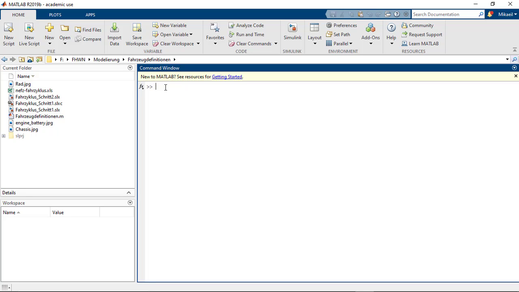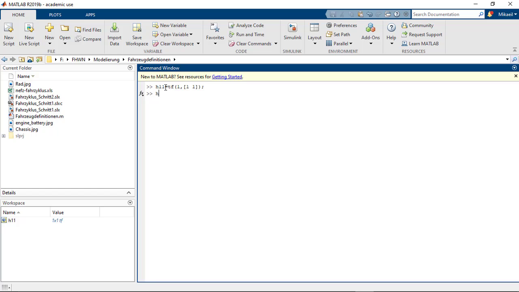In MIMO systems, we have to define each transfer function separately. Now we have 4 transfer functions. That means we first define our H11 as a transfer function, parentheses. Now I write directly the numerator of H11: 1, and for the denominator we have 1, 1.